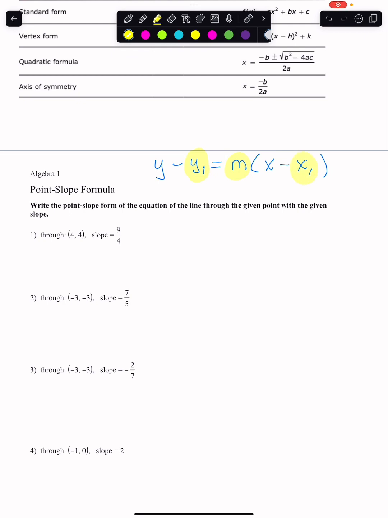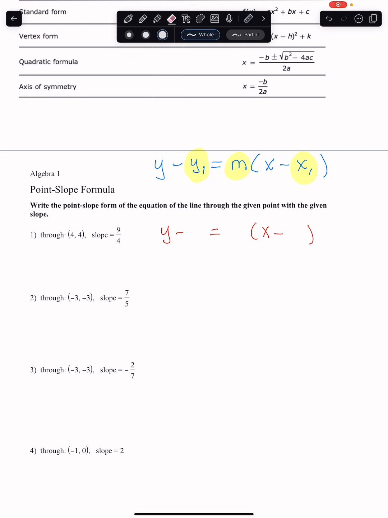That's it. Okay? So what I'm going to do when I go to these questions, let's do this one right here. I'm going to write y minus y1 equals m parenthesis x minus x1. That's the whole formula, right? But what I'm going to do is erase the y1, erase m, and erase x1.